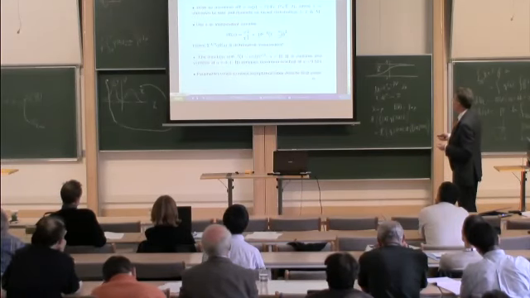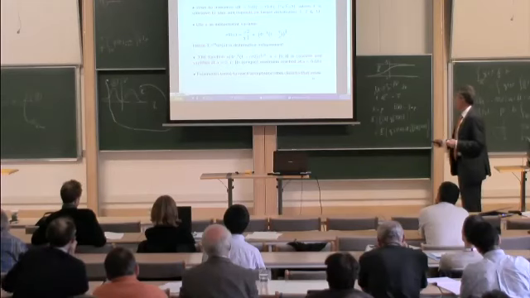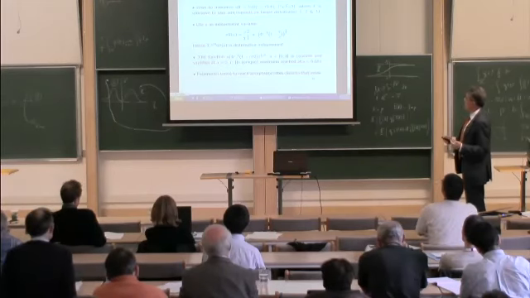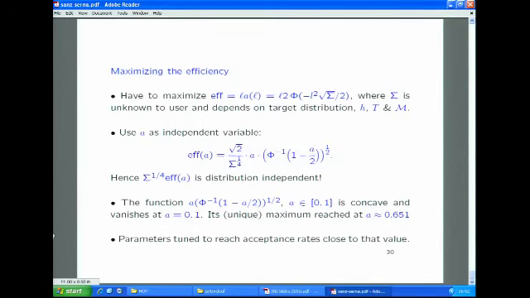So I guess this is the last slide. From the previous slide, we have to maximize the efficiency, which is this guy there. But for the acceptance probability, I got that formula in terms of the distribution function of the standard normal distribution.